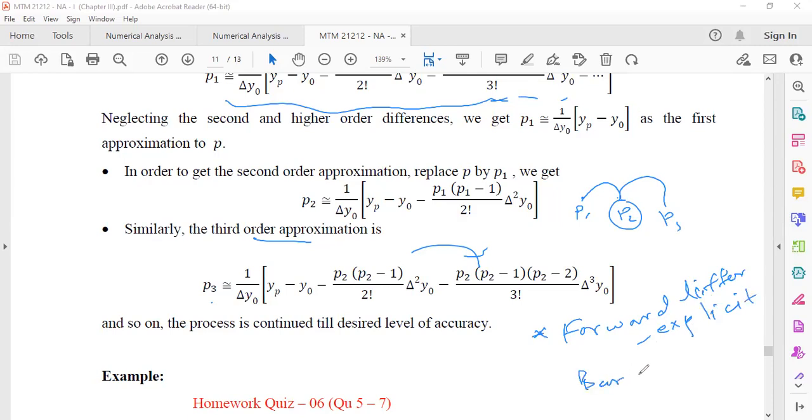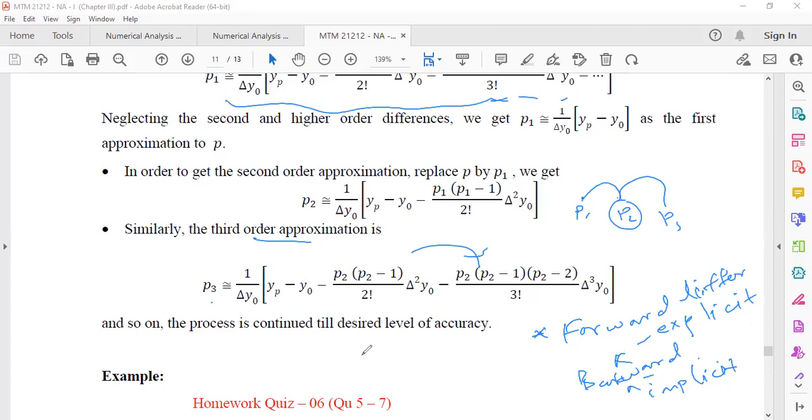If it is backward, they say implicit method. You don't need this here, but I'm telling you in case you find it. So forward difference we call the explicit method, and backward we call the implicit method.